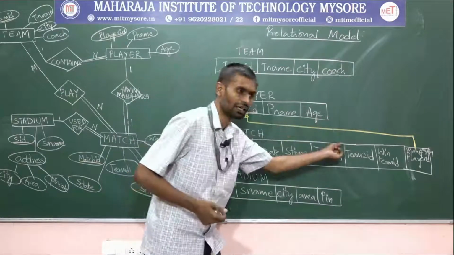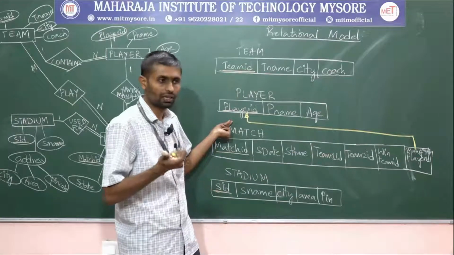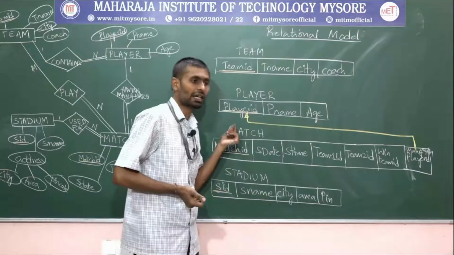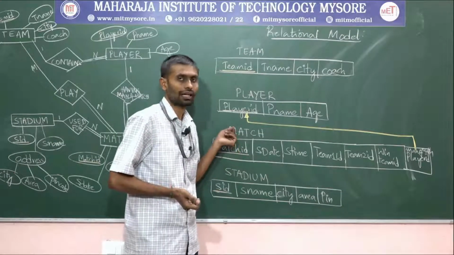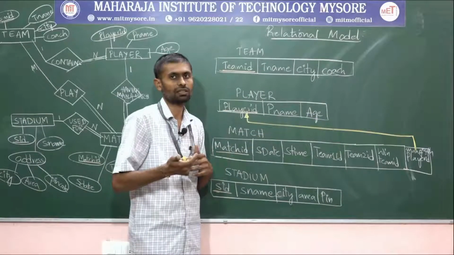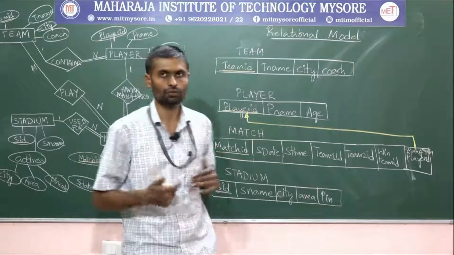So only for 10 players I'll assign a value. Suppose there's a possibility that a player can get the man of the match award more than one time. Since that player ID I cannot repeat, I cannot show that this player got the man of the match award thrice. We cannot show it here, right? So this is the problem we are going to face with this.